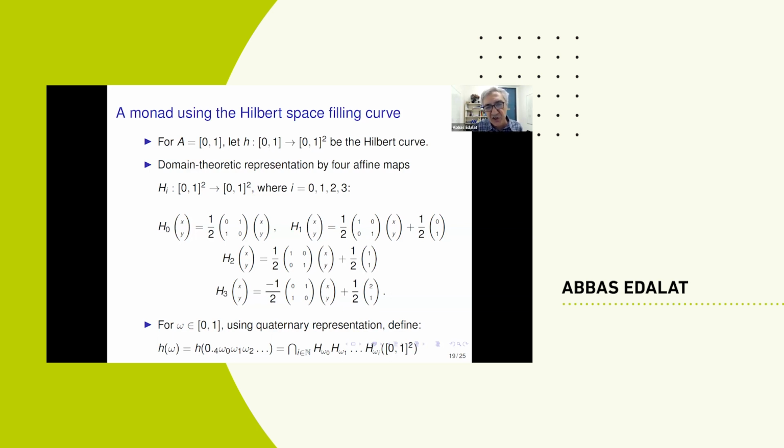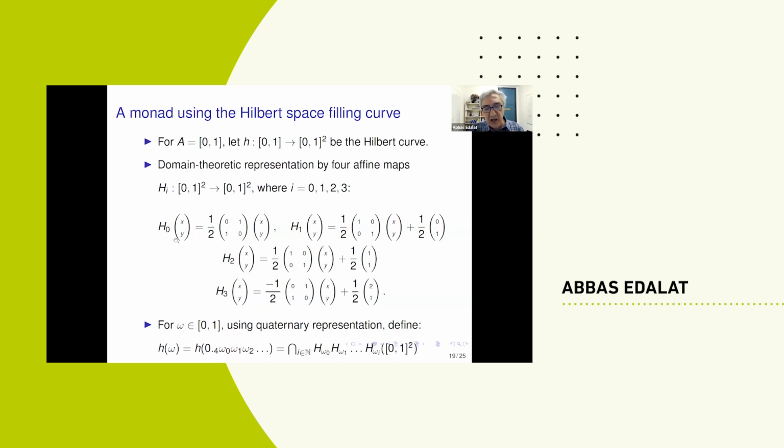It's a kind of surjection from 0, 1 to the unit square that is continuous, and it's almost everywhere a bijection. And there's a very simple representation of it using the representation of real numbers in base 4, the quaternary representation, using 4 simple maps of the unit square.